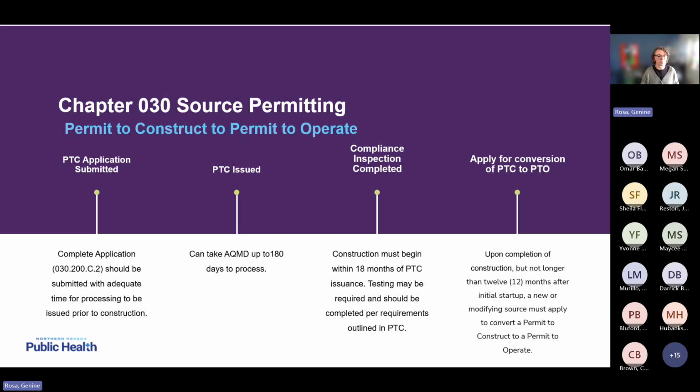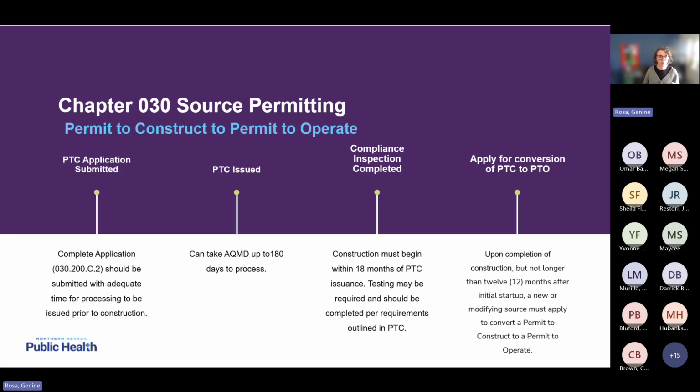Just an overhead view of the process. Prior to construction of any new source, any new emissions unit, a complete application for a permit to construct, previously known as authority to construct. We've taken that language out. As you go through our regulations, you will see PTC or permit to construct instead.